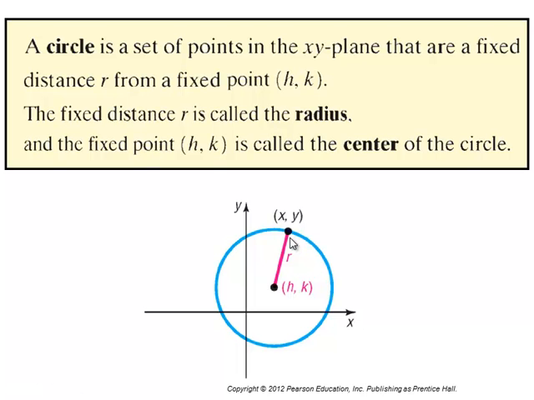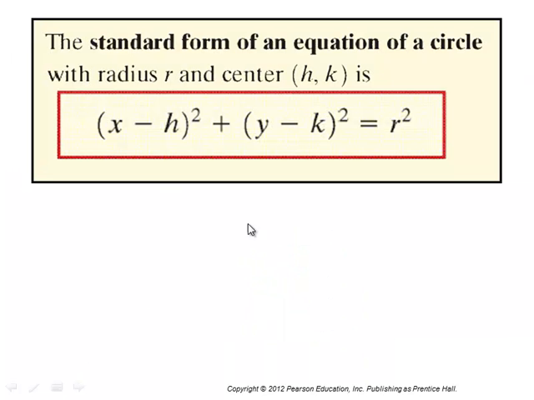And you know what the distance formula is between h comma k and x comma y. And that distance formula is the inspiration for this equation. Remember, the distance between x comma y and h comma k is going to be the square root of x minus h squared plus y minus k squared, and that distance would be r.